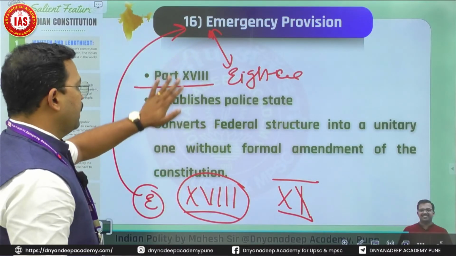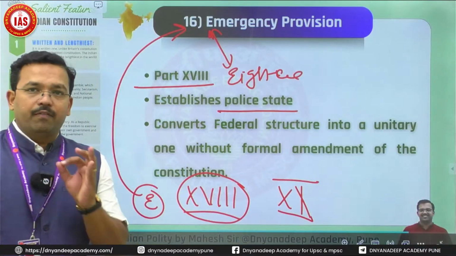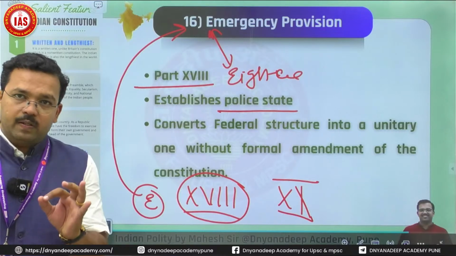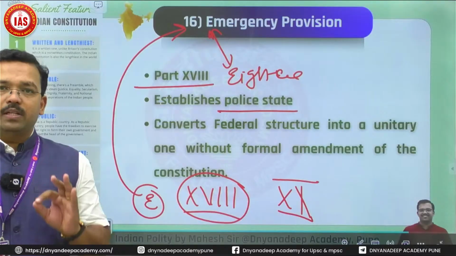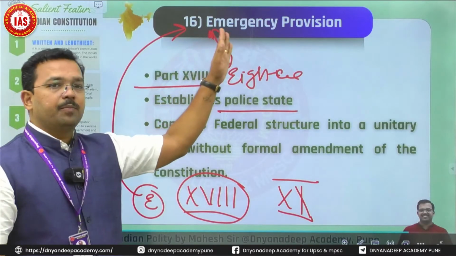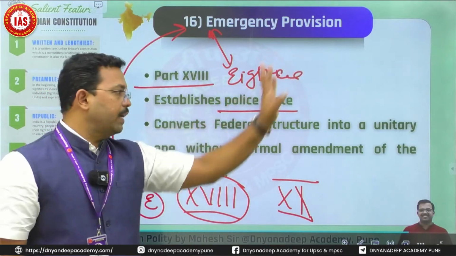It establishes a police state. This means when a government is run by appointed officials rather than elected representatives, it is known as a police state. Due to emergency provisions, we are going to have a police state.